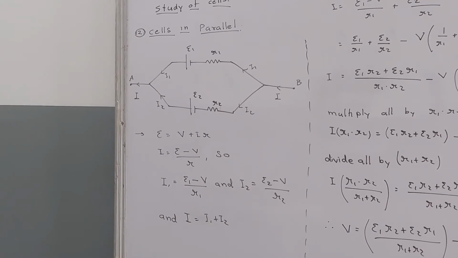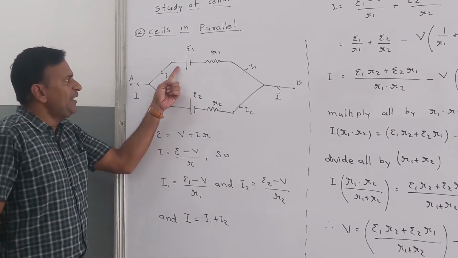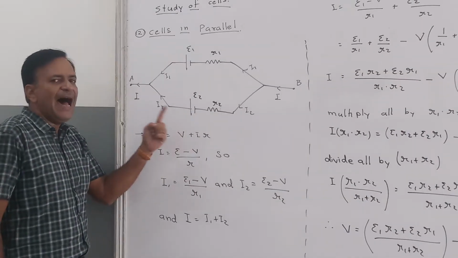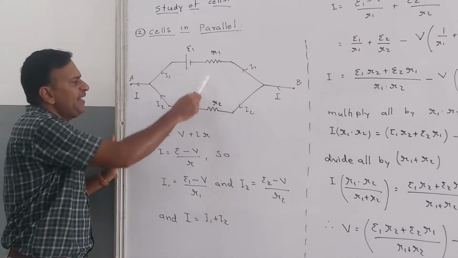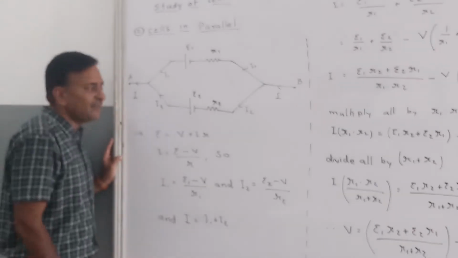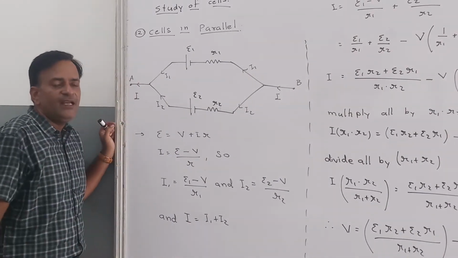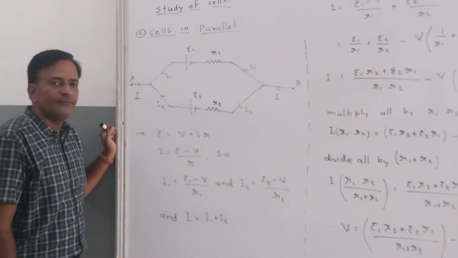So here I have two cells, epsilon 1 and epsilon 2 are their EMF, R1 and R2 are their internal resistance, and they are connected in parallel.